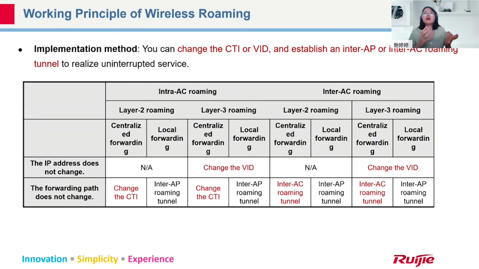So comparing the different types of roaming, we can divide roaming into intra-AC and inter-AC. And depending on whether the VLAN and the IP address of the new AP are the same or not, we can also divide it into layer 2 roaming or layer 3 roaming.